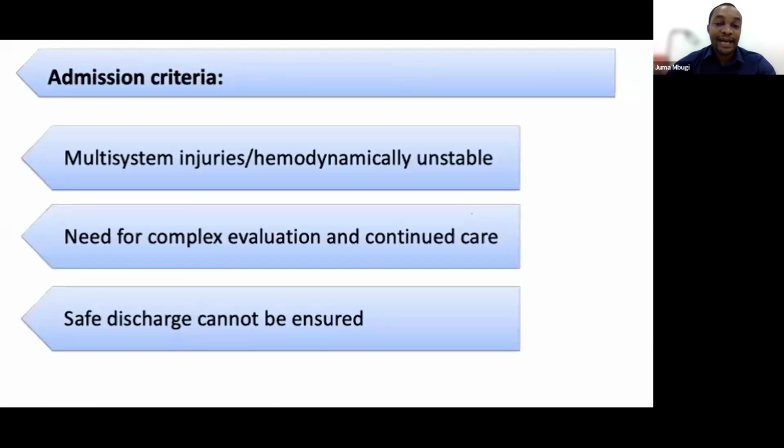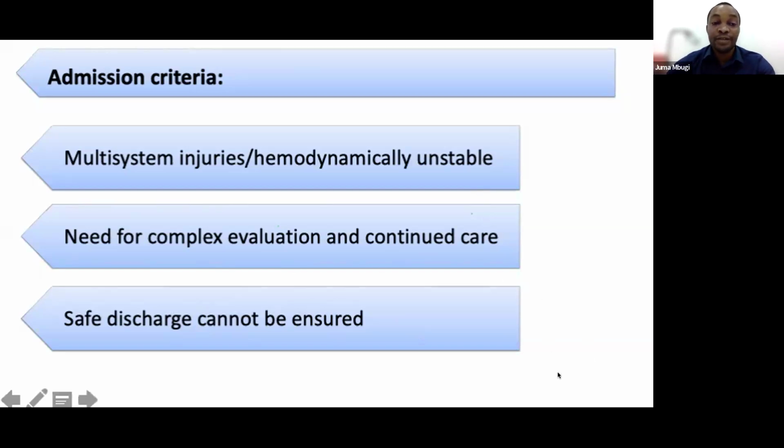So what are the admission criteria? Children presenting with multi-system injuries or who are hemodynamically unstable need to be admitted. And children presenting with NAI who need complex evaluation and continued care like IV medications, maybe respiratory support, oxygen therapy, will also have to be admitted.